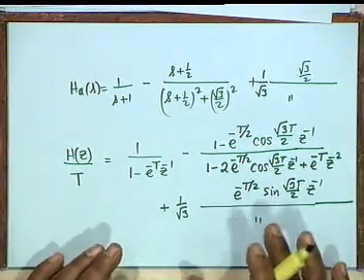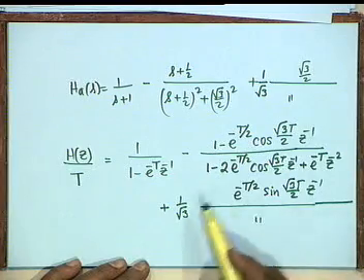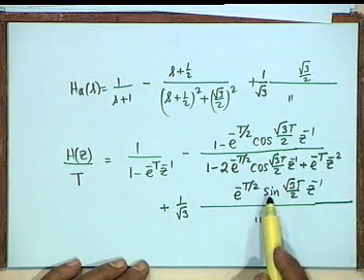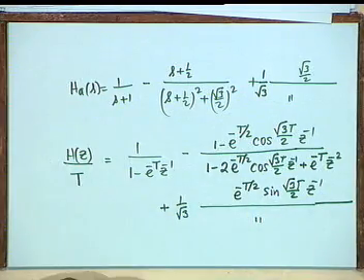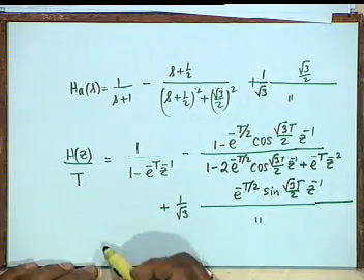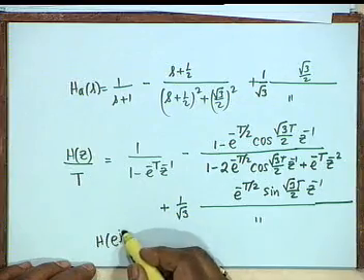I have obtained the transfer function. Obviously, you can bring these two terms under the same denominator. Then you can put z equal to e to the j omega and find out the frequency response.